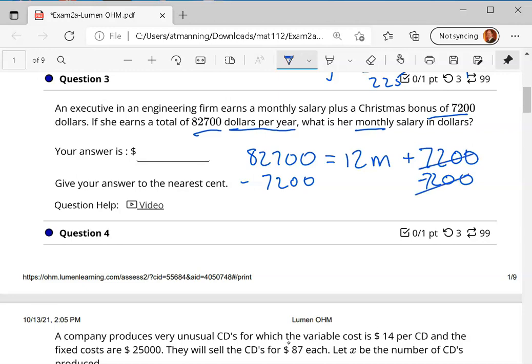So those go to 0, and this becomes 12 minus 7, borrow the 1, 75,500 equals 12M. Well, I can solve for M by dividing both sides by 12. That becomes M. And this number becomes, well, let's let our calculator do the work for us.